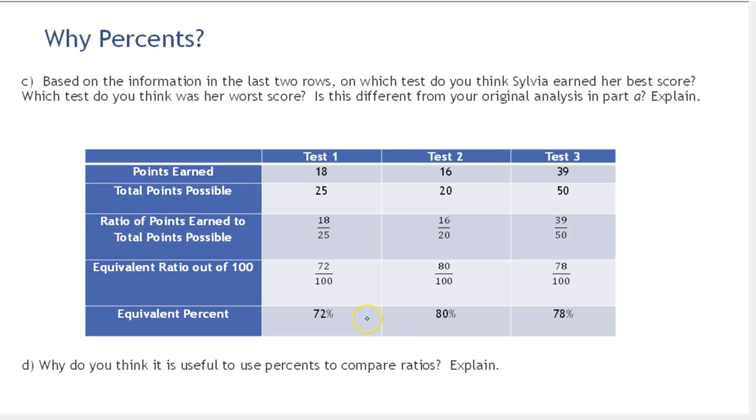So I would say that her best score is 80% if we're looking at them relative to 100, and that was test 2. And her worst score was 72%, which was test 1.